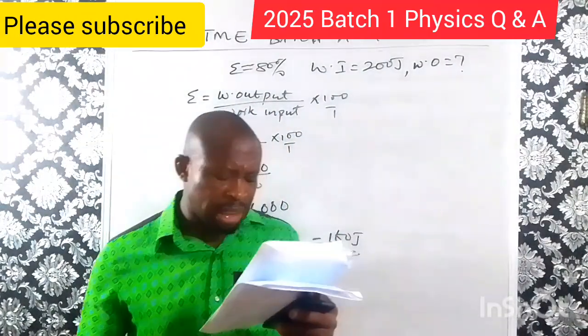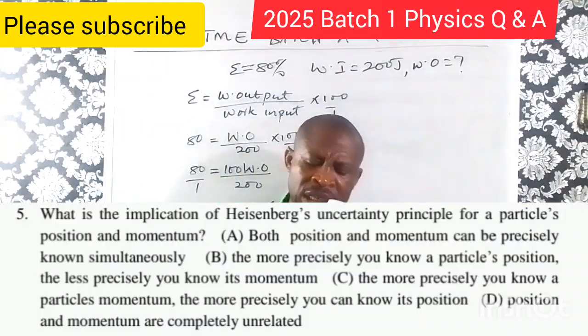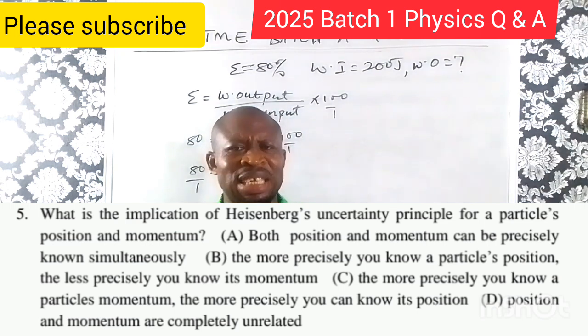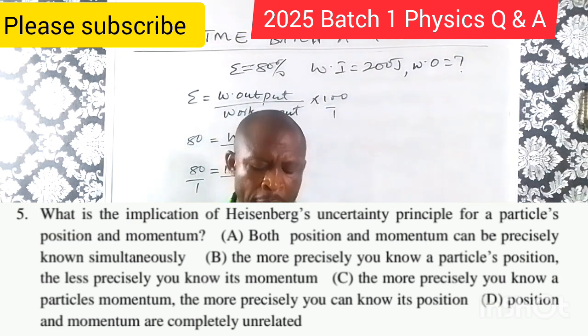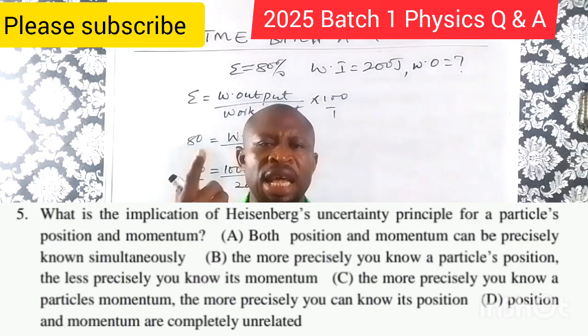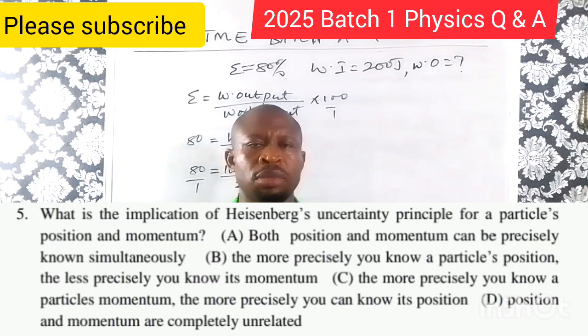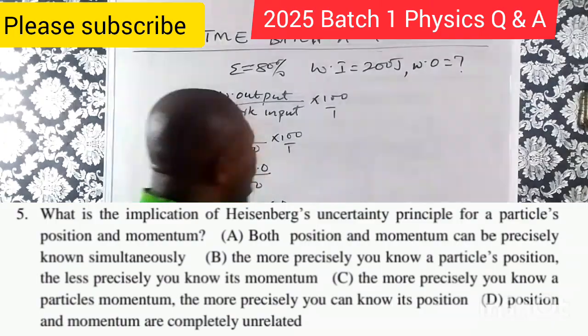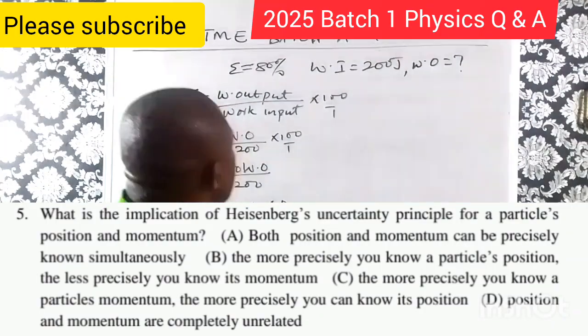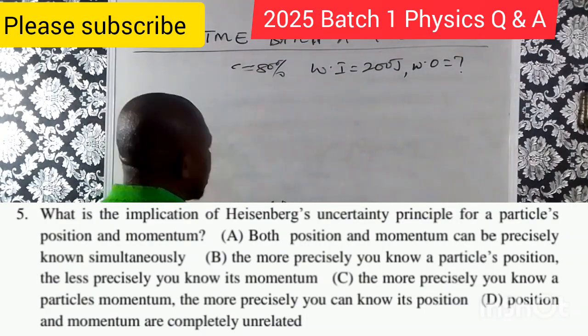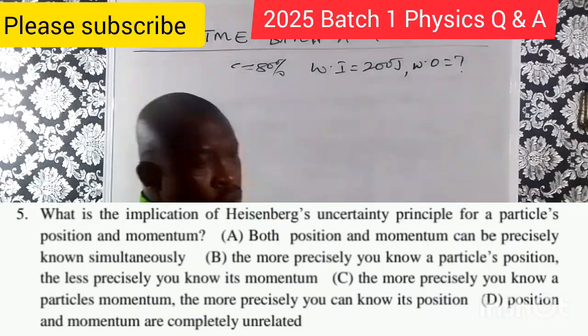The next question says, what is the implication of Heisenberg uncertainty principle for a particle's position and momentum? What is the implication? Now, I'll write something on the board. Now, we have that uncertainty principle.